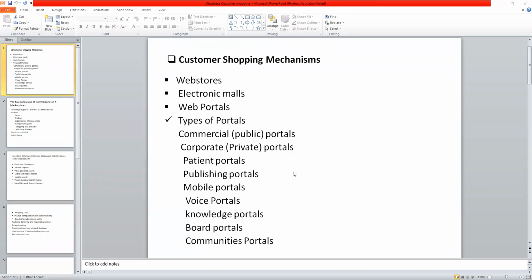When we take into consideration voice portals, they are websites, usually portals with an audio interface, where the audio devices are recognized. They can be accessed by standard telephone or the cell phone also.